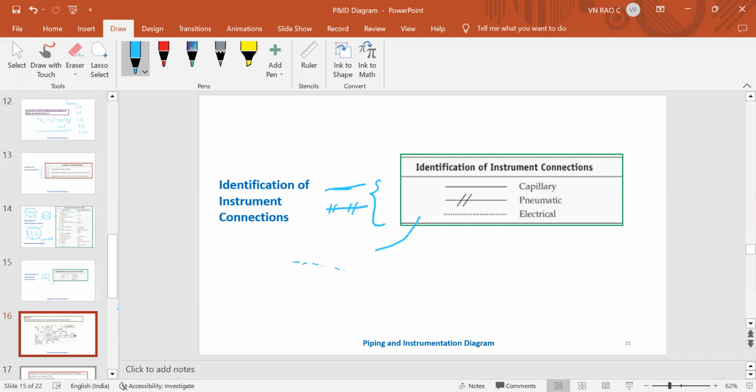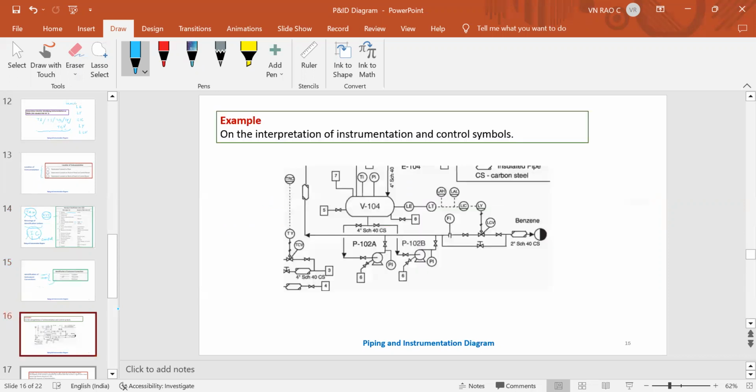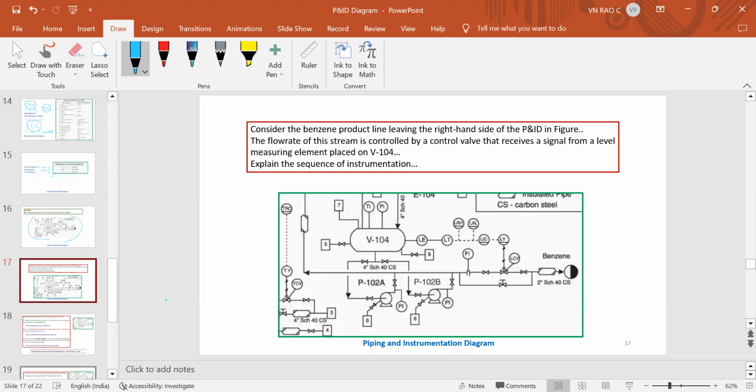So now how do we interpret the instrumentation on the control symbols? If you see this diagram, this is one portion of the total distillation column where I have taken V104, and across this there is instrumentation which can be understood. So what does it say?